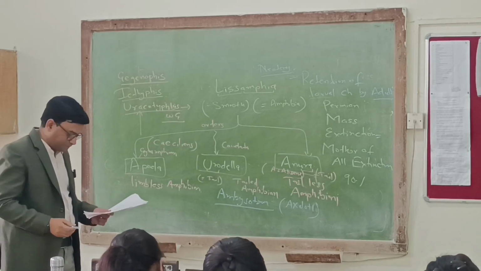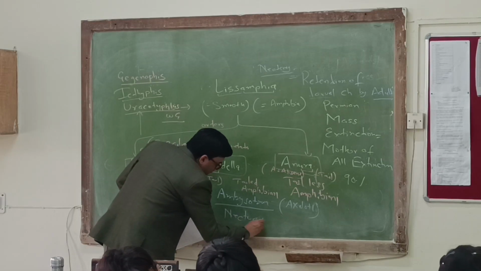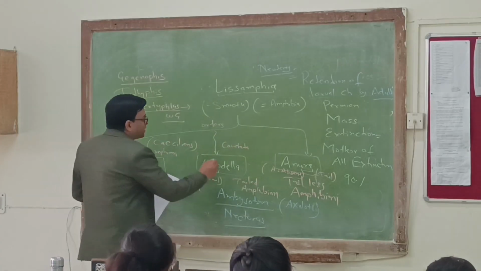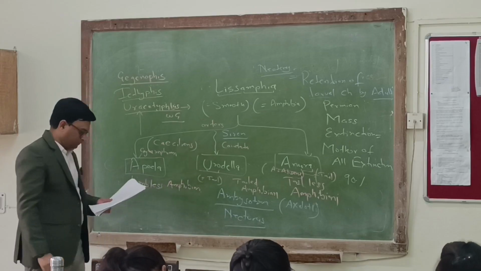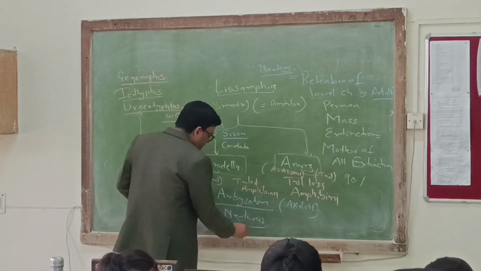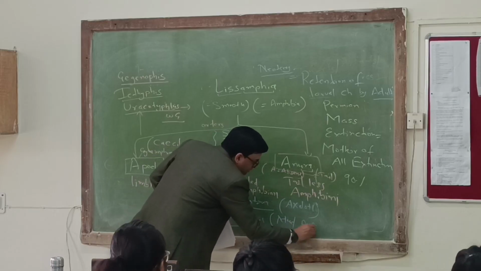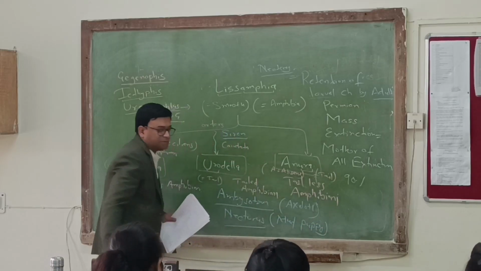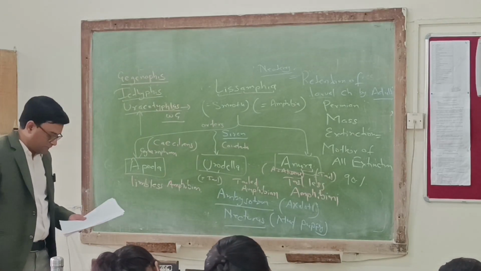Then next is Necturus, and Siren, all these are examples. This Necturus is also called mud puppy. Mud puppy lives in the muddy banks of rivers, in the mud, in swampy areas.